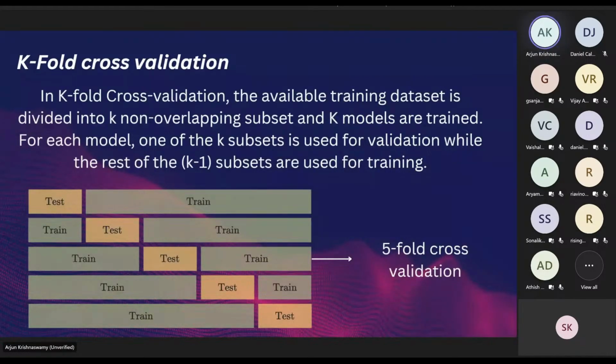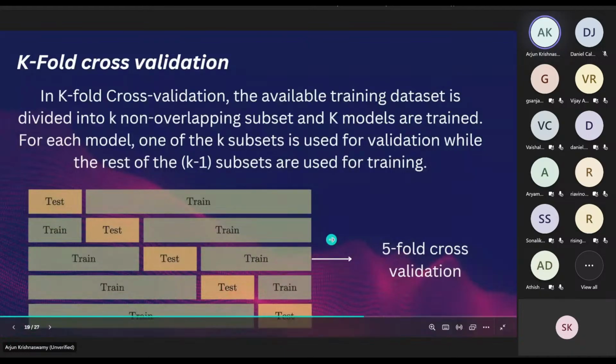We split it into k parts, and only one of these k parts we use for testing or validation, and the remaining k minus 1 parts we use for training. We use the first part for testing, the remaining as training. Now we use the second part, and again the remaining as training, and so on till we use all the k parts.